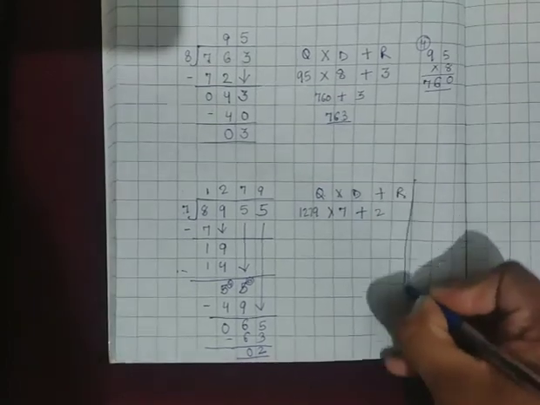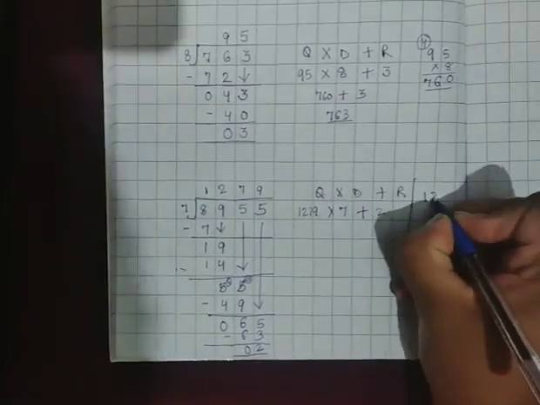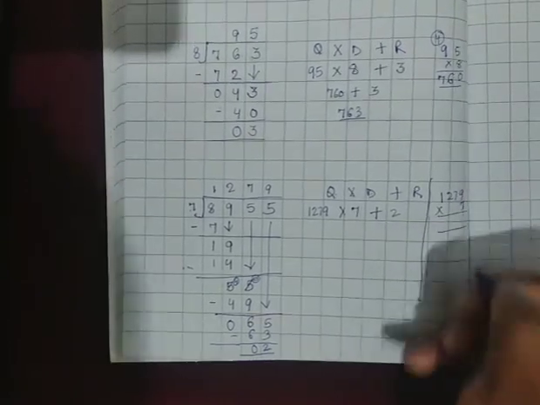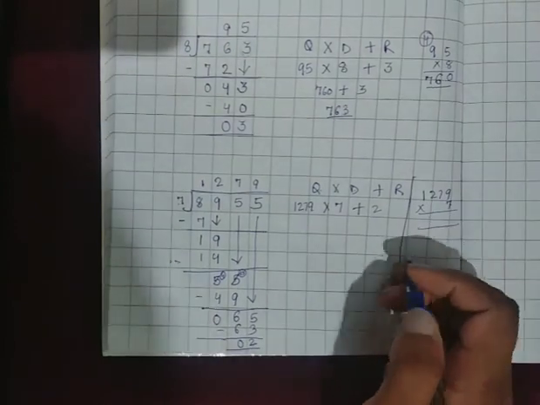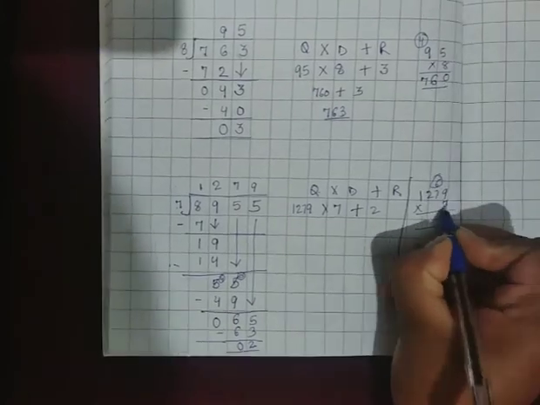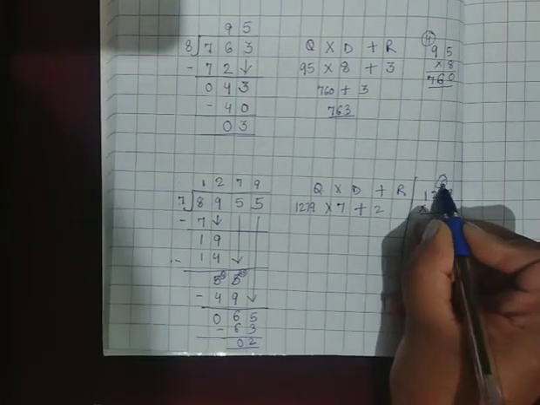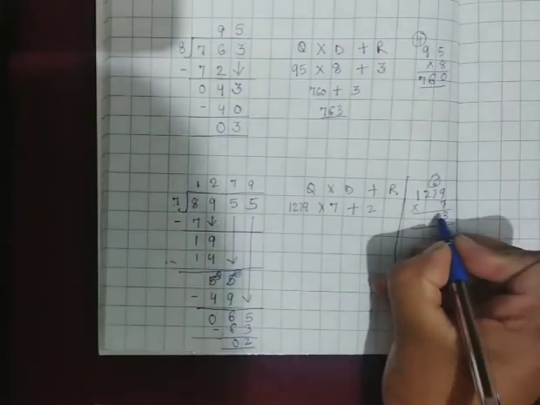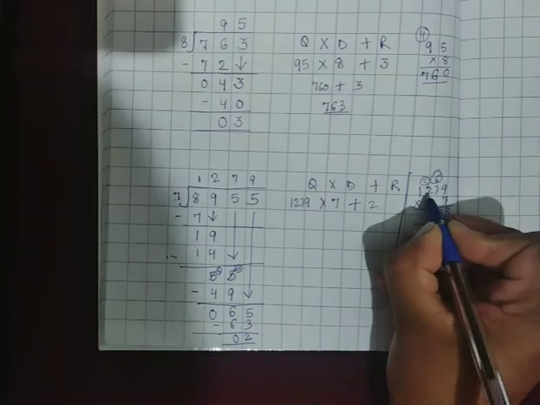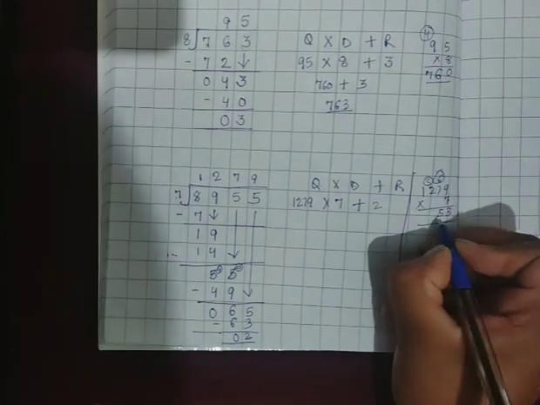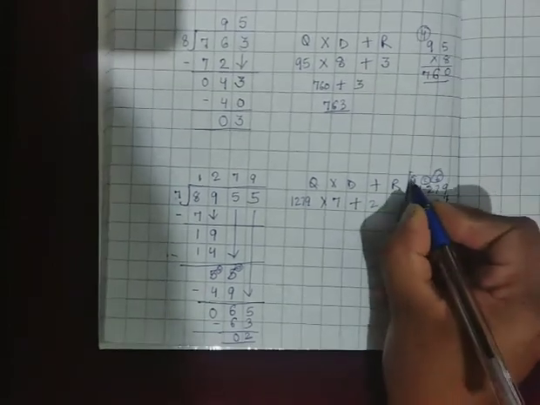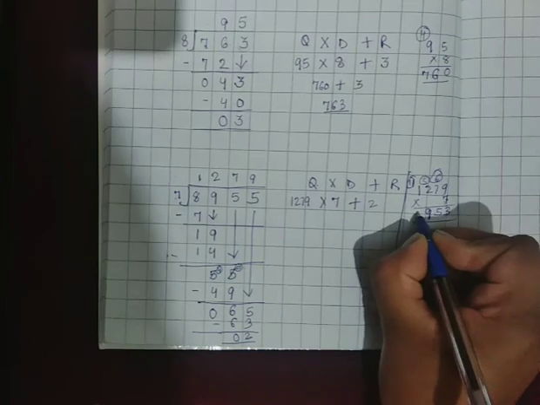Now I'm going to do my rough work at the side. So 1279 multiplied by 7. What is 7 times 9? 7 times 9 is 63, and I write 3, carry 6. 7 times 7 is 49, plus 6, 55, carry 5. 7 twos are 14, 14 plus 5 is 19, I write 9, carry 1. 7 ones are 7, plus 1 is 8.